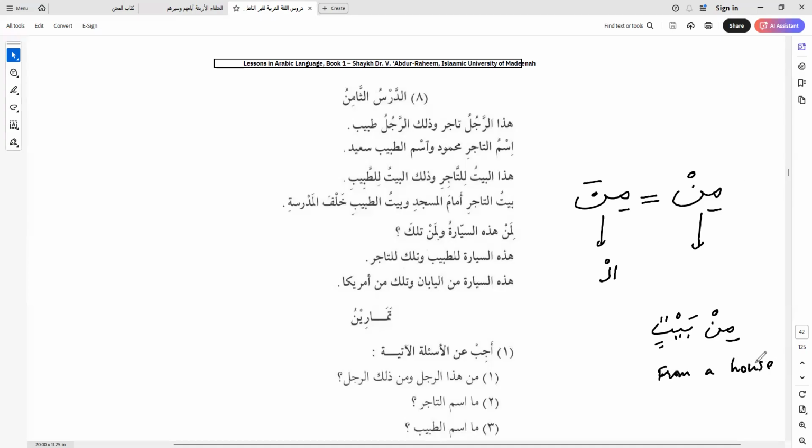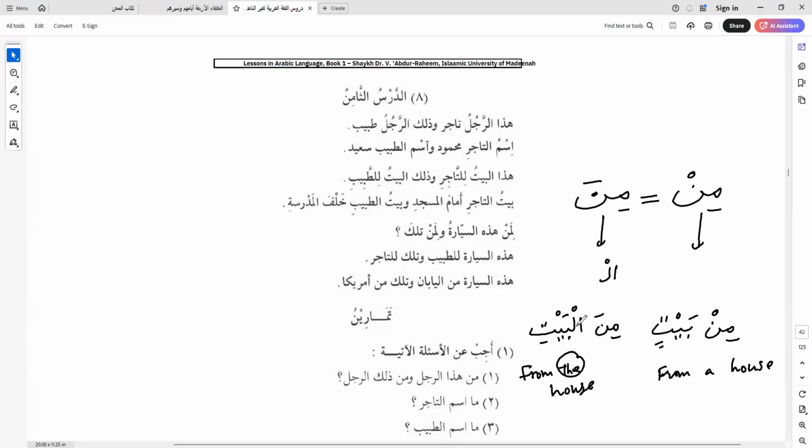From a house. And then we say minal baiti, from the house.